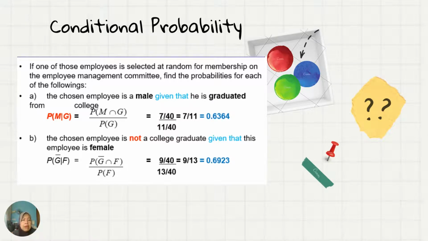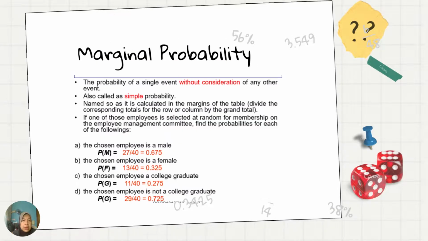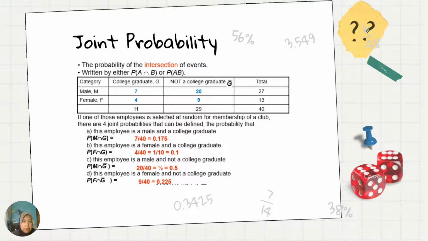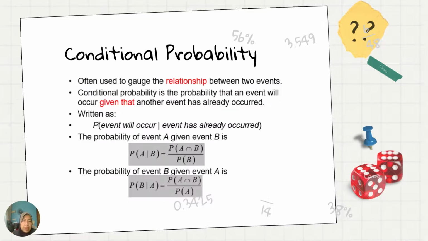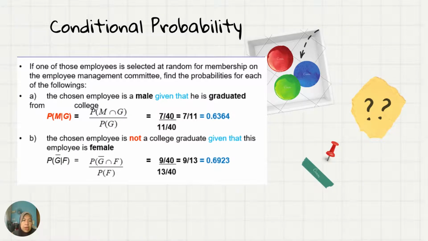Where do we take 7/40 in the table? In the table, 7/40, divided by the graduate total 11/40. Right? So you got the answer 0.6364.